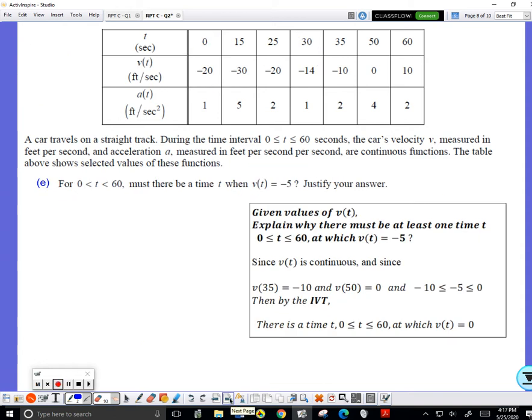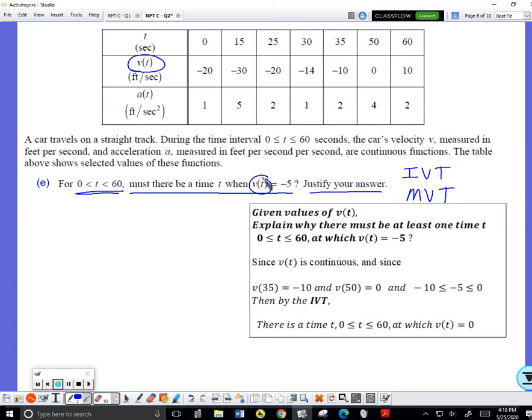Part E, for the time period 0 to 60, interesting language, must there be a time when the velocity is negative 5? Justify your answer. That wording on the golden notes, you'll see those two boxes that are to remind you of the intermediate value theorem and the mean value theorem. They're giving us values of v, and they're asking about v.